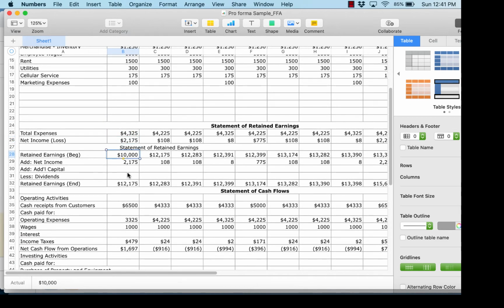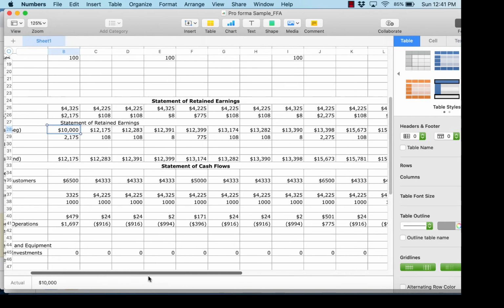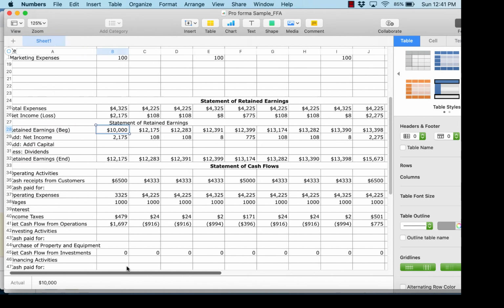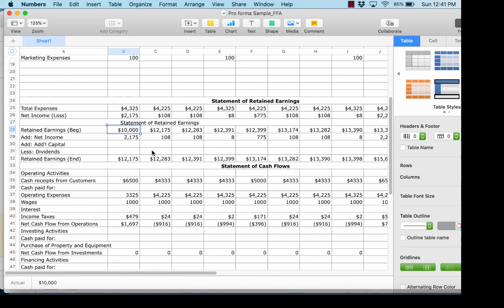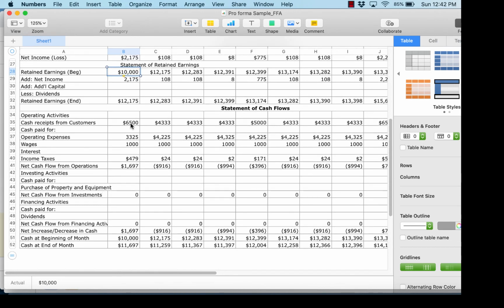My retained earnings at the beginning of the period, you can see moving through, it looks like I did not take any dividends. That's okay. Generally you don't want to do that in the first year anyway.